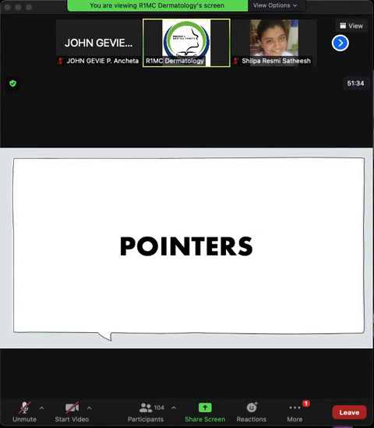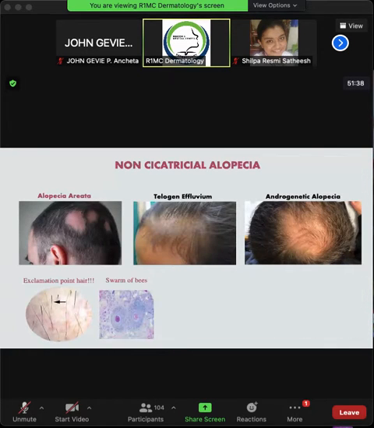So just for the pointers on hair diseases, again, you have your alopecia areata, which is a rapid and complete loss of hair on scalp and hairy areas with tapered fracture and exclamation point hair. That is usually due to the hair miniaturization from the conversion of your anagen to telogen.